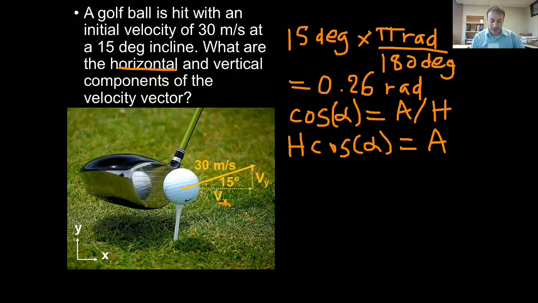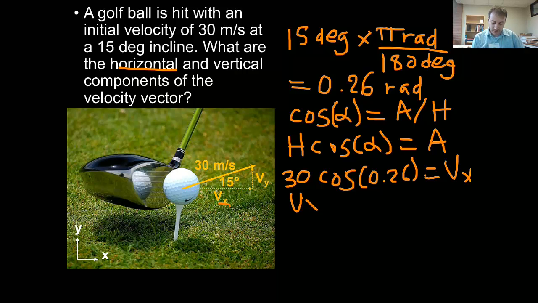In this case, our hypotenuse is our initial velocity vector of 30, and we know alpha from the problem statement is 0.26 radians. And we're going to use that to solve for Vx. And if we solve this equation, we find that Vx is equal to 29.0 meters per second.